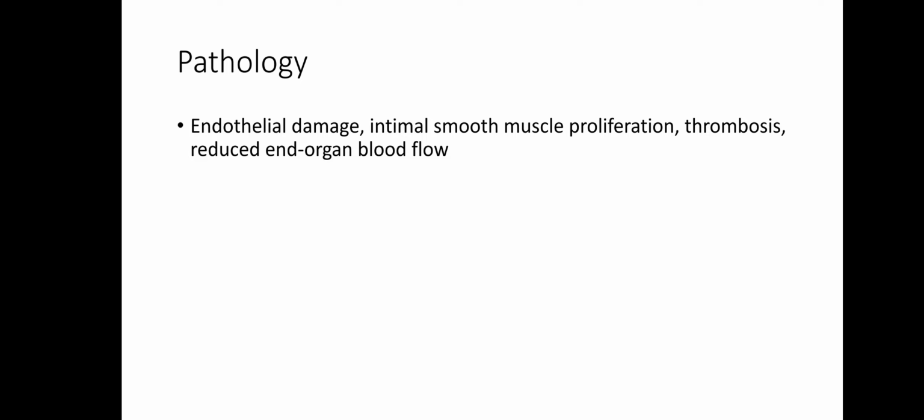It activates the coagulation system, so there is a lot of thrombosis. And all this together, the smooth muscle proliferation and the thrombosis, cause narrowing of the blood vessel. And if there is narrowing of the blood vessel, there will be less blood flow to whatever organ that blood vessel is supplying. So it usually ends up with end organ damage if it goes untreated.